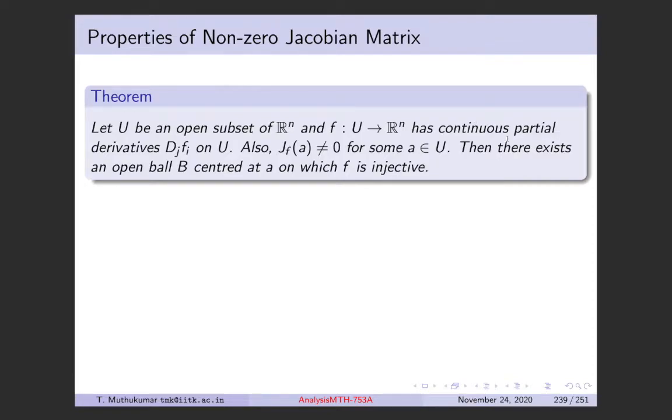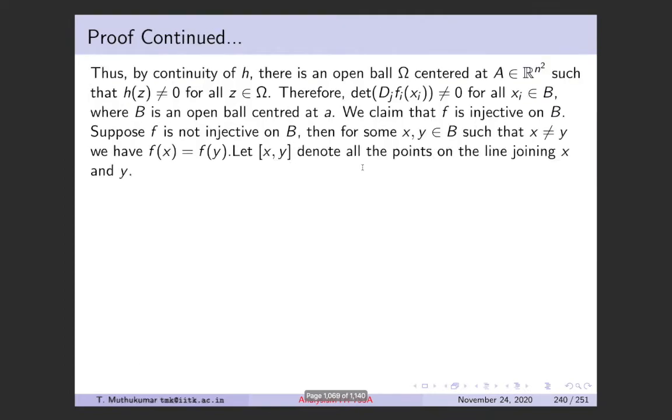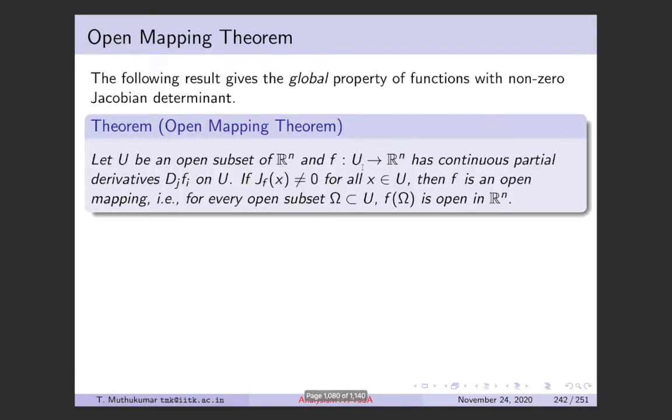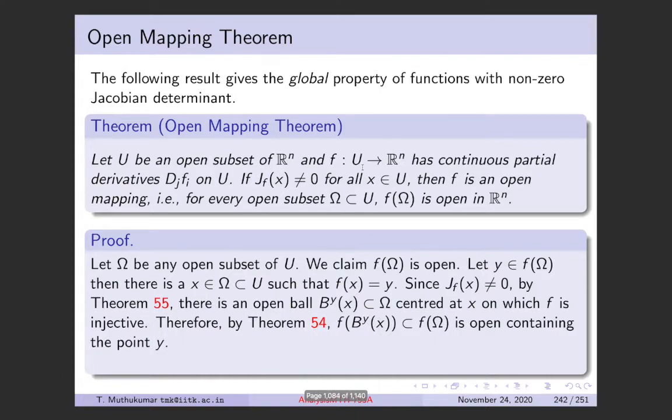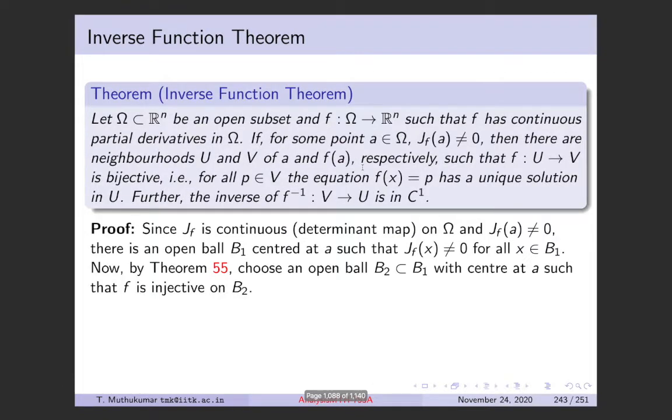We have that hypothesis in our theorem, right? So by that theorem, there is a ball B2 centered at A such that f is injective on B2.